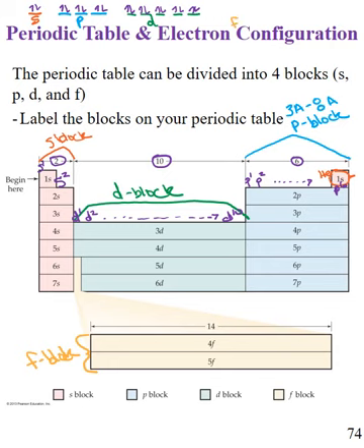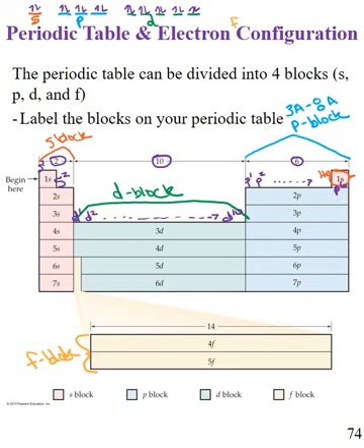And how many electrons can go in there? 14. And if you look, notice how you have 14. So the first group, you're going to have F1, F2, all the way over to F14. F14 will be your last subshell. Let's talk a little bit more about this on the next slide.